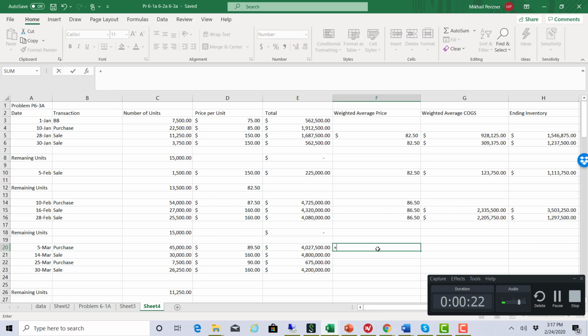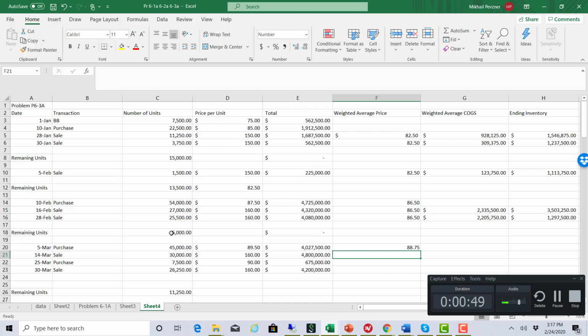It equals 15,000 times 86.50 plus 45,000 times 89.50, divided by the sum of 45,000 plus 15,000. So it's 88.75.